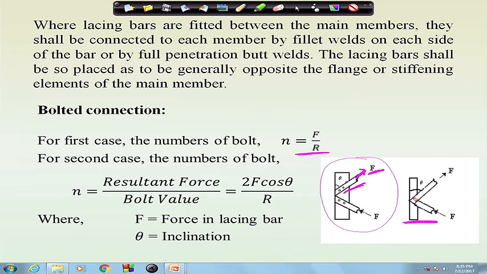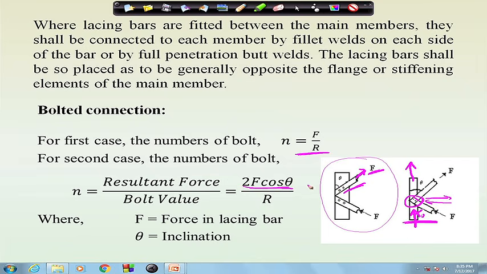So, this is how we can calculate, but for the second case, we can see that both the members are acting on this bolt, right. So, the resultant force we have to find out. The resultant force will be F cos theta plus F cos theta, right, this is theta. So, 2 F cos theta will come into picture, and this is F sin theta and this is F sin theta, which is nullifying.